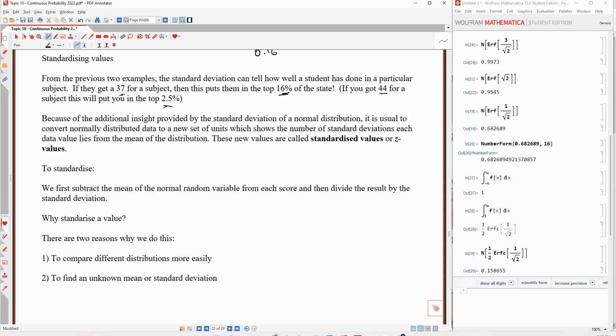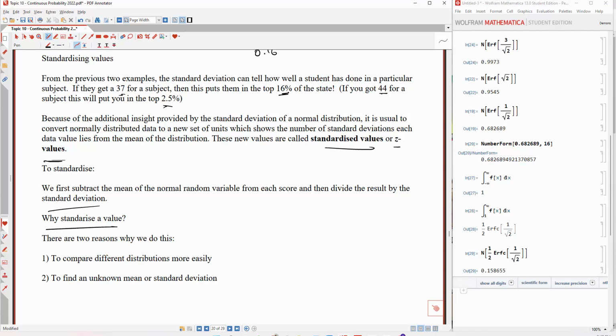What we often do is standardize, so in a way we compare apples with apples. We call these standard values Z values. To standardize, we first subtract the mean of the normal random variable from each score and then divide the result by the standard deviation.